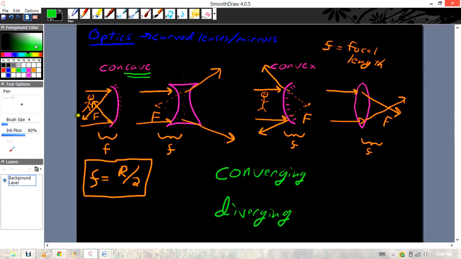So once you get this down, which is converging? Clearly this and this is converging. So the converging are the concave mirror and the convex lens, because the light literally goes through the focus.